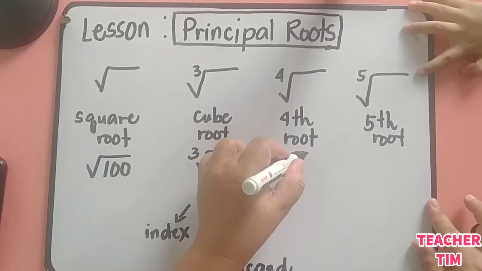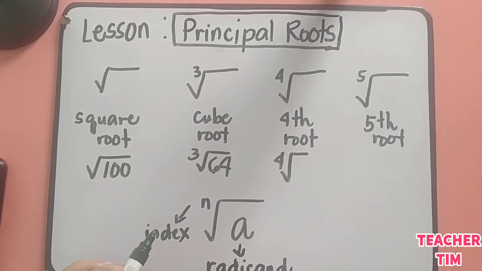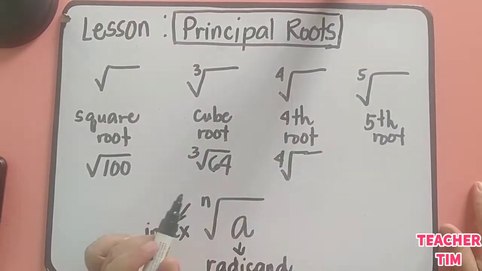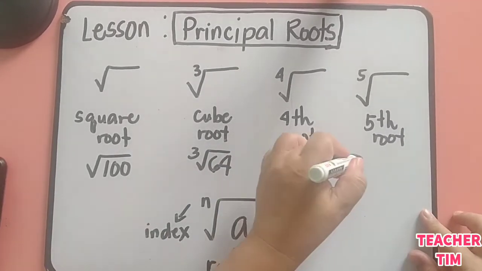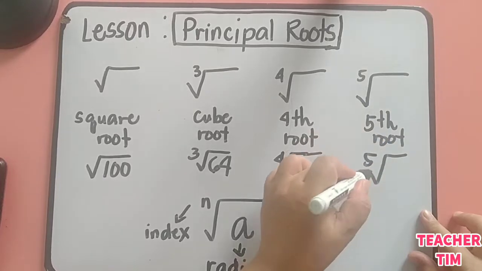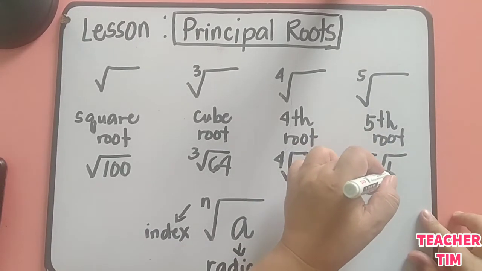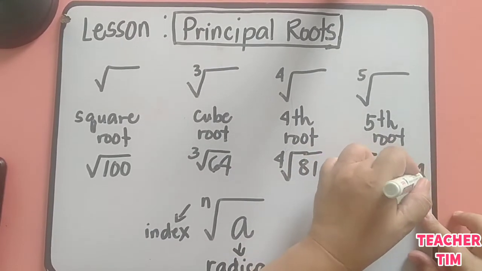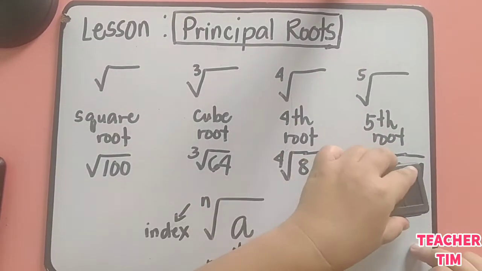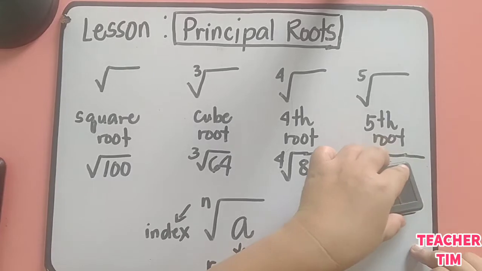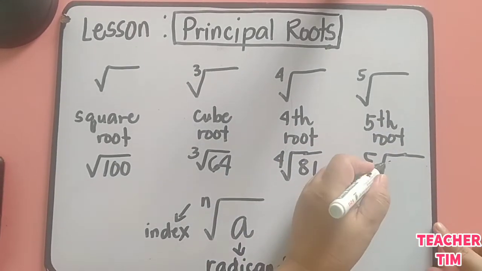Or we have the fourth root of, let's say, 81. And the fifth root of 1024. Okay? Or 32. Let's say this one is the fifth root of 32.